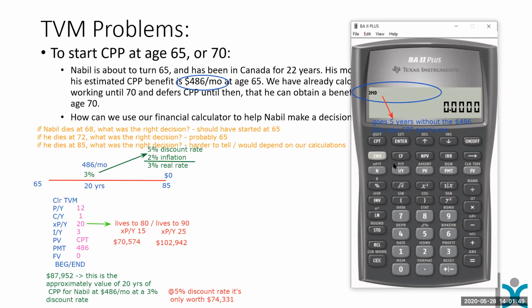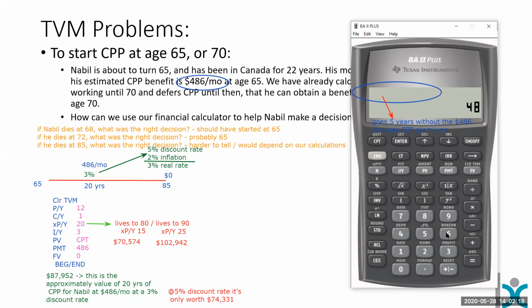So now we're going to bring up our PY menu. We're going to do 12 into the PY spot and 1 into the CY spot. Okay, that's good. So my PY is 12, my CY is 1. Then I do 20, second function, times PY. Don't forget to hit N, so I should see N equals 240. Okay, I got 3 into the IY spot.